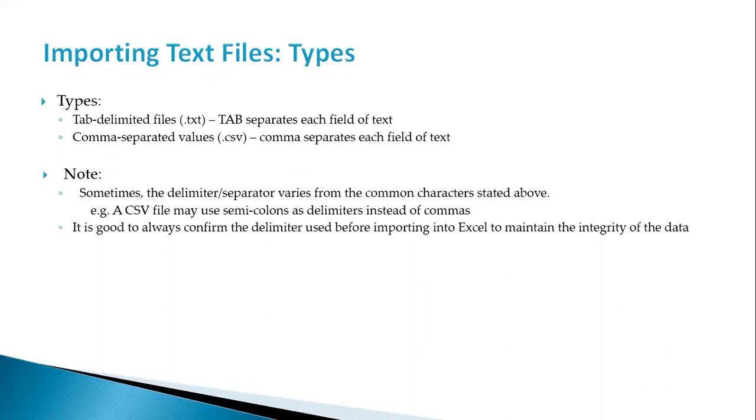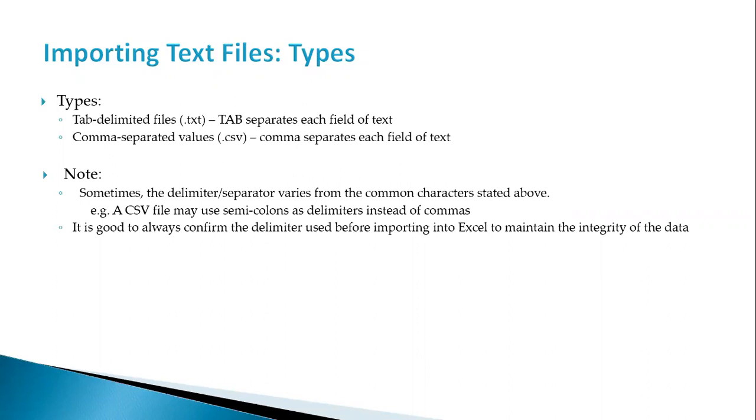Tab delimited files employ the tab as the special character that separates different values, whereas comma separated values utilize commas to separate each field of text.